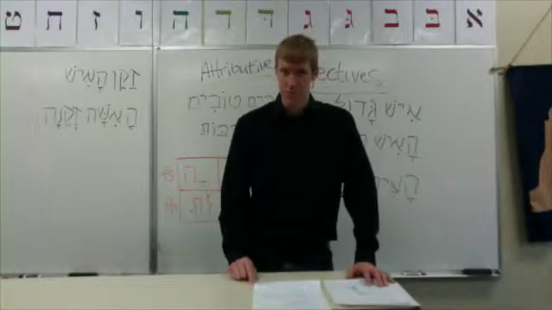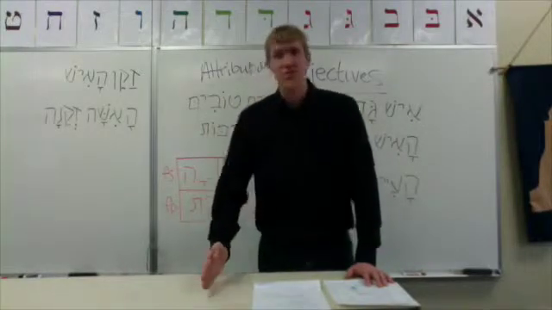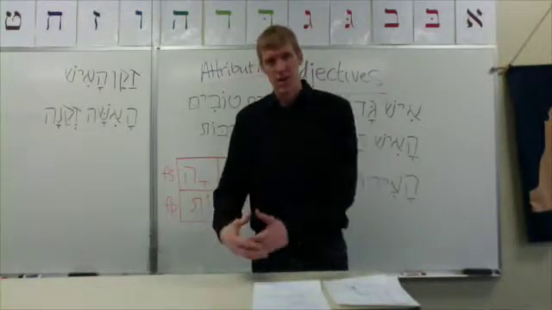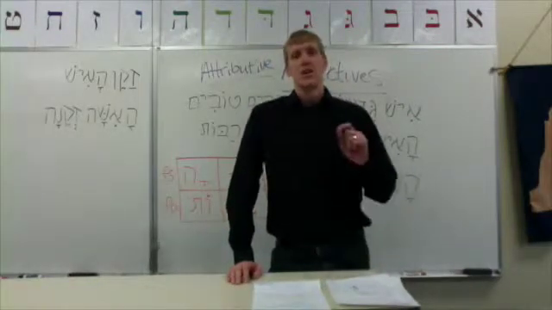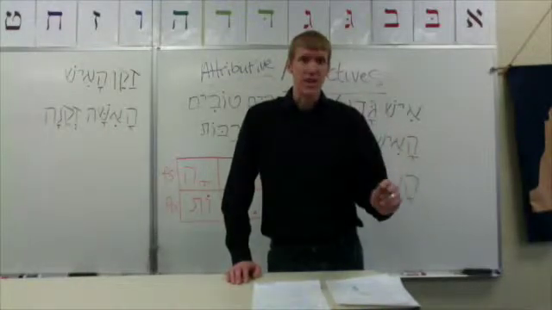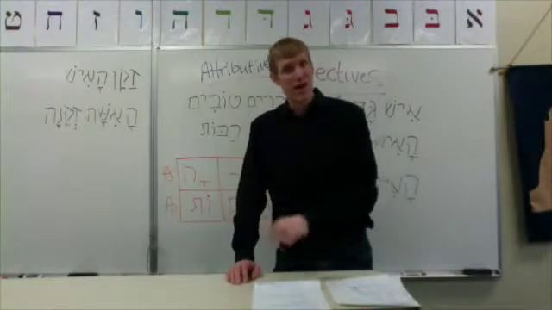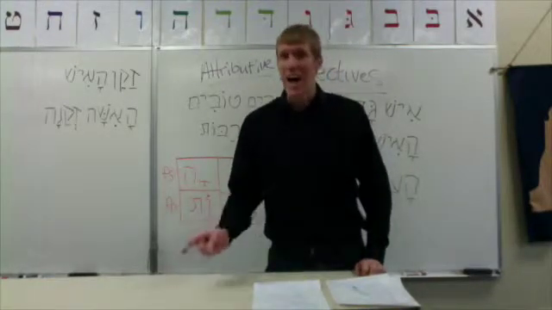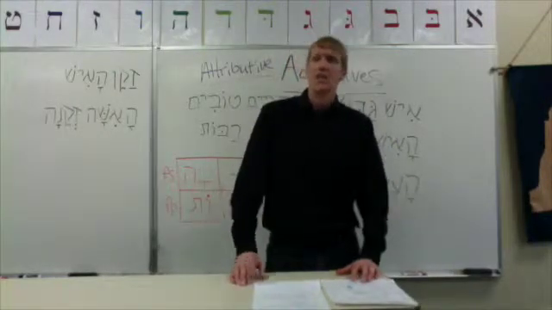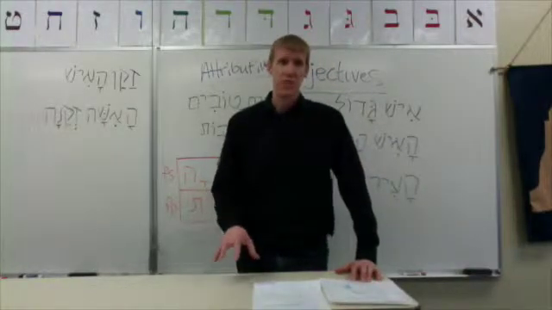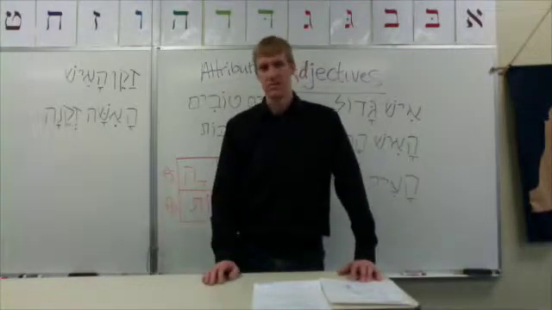So generally, the order is predicate adjective, then noun. All adjectives agree in both gender and number, but predicate adjectives will not necessarily agree in definiteness. The rule with regard to definiteness is that predicate adjectives are never definite.